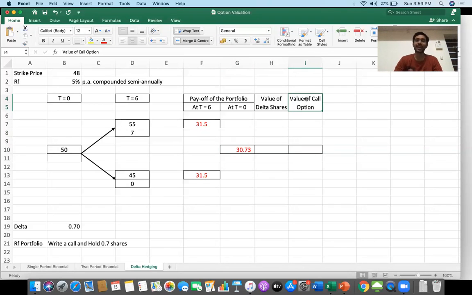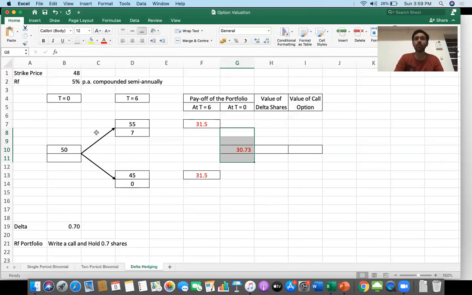But since you're writing a call option, you're going to have a cash inflow. Whereas for buying delta shares, you will have a cash outflow. And the net cash outflow, obviously, should be equal to the cash outflow of 30.73.